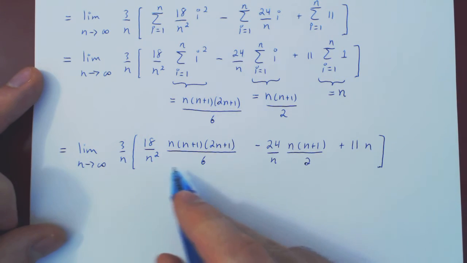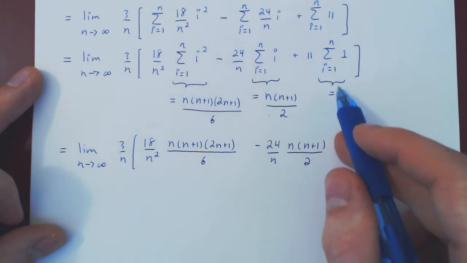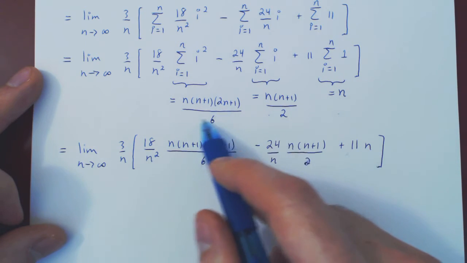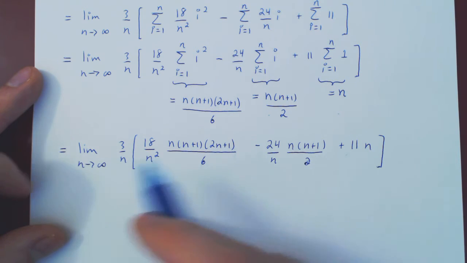And you see, no more summations, because we've replaced each fundamental sum by its shortcut formula. And now we can simplify this a little bit and then evaluate the limit.